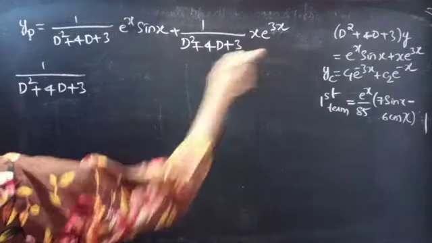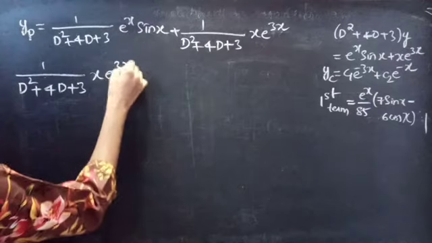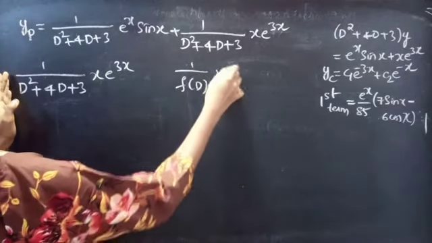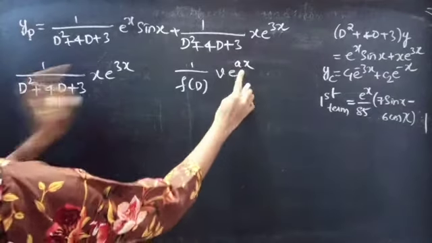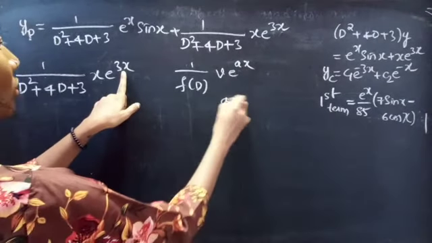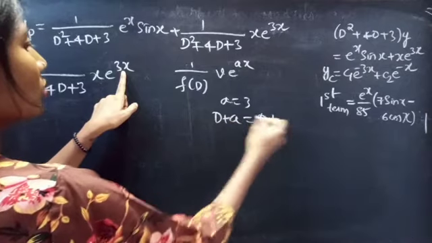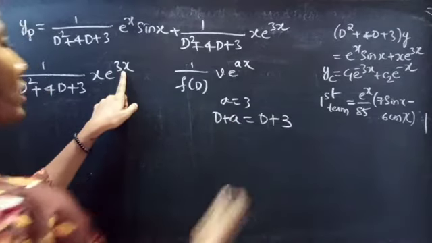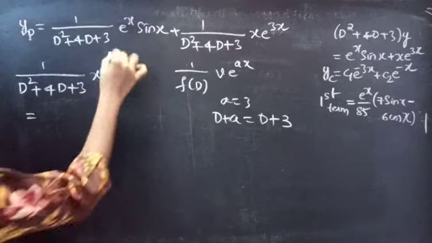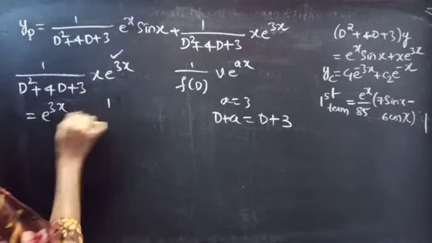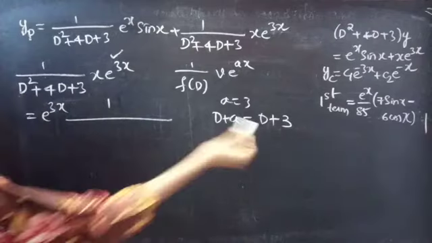1 by f of d into x e power 3x. And this is also of 1 by f of d into some v into e power ax form. For a equals to 3, we need to find d plus a, so we'll get d plus 3. Now, shift e power 3x towards left by replacing d by d plus 3.